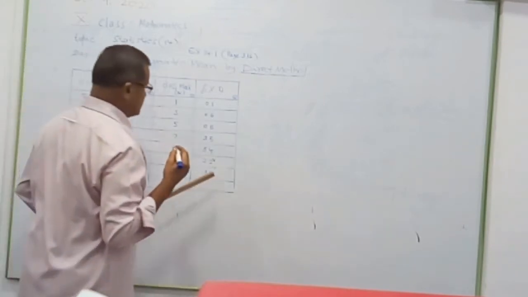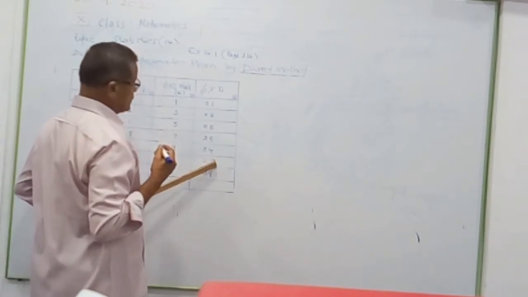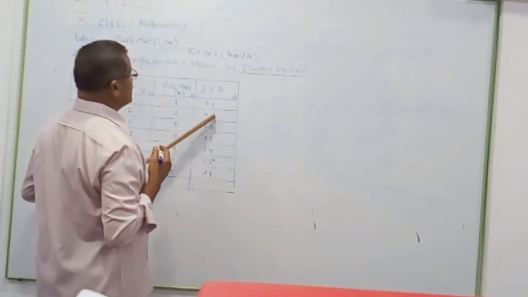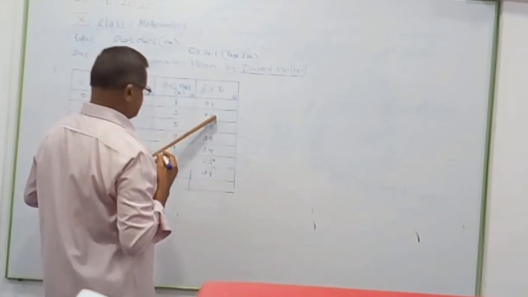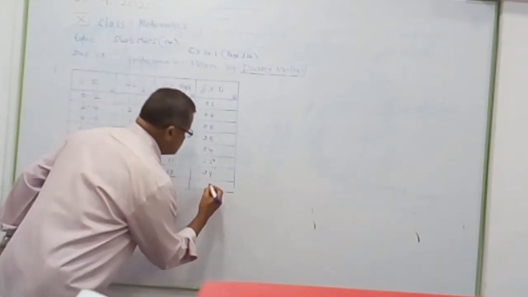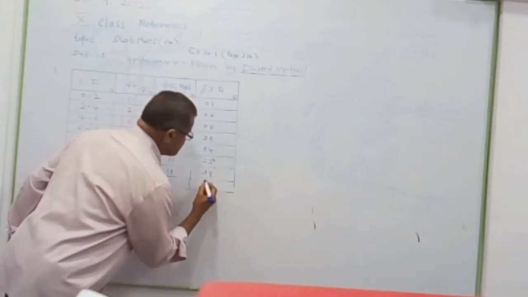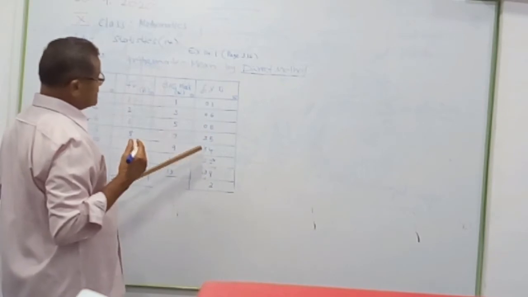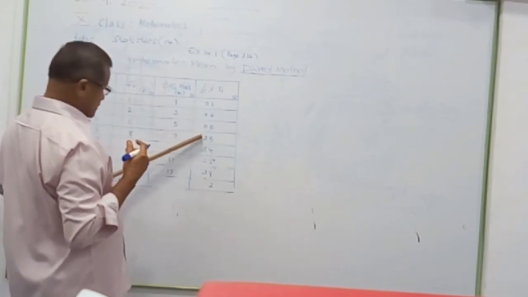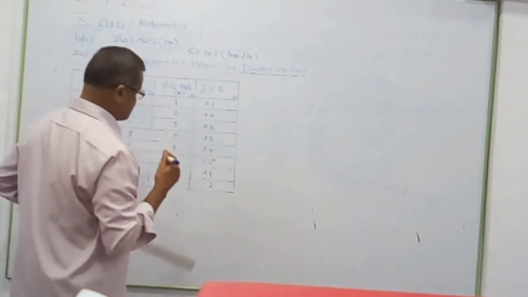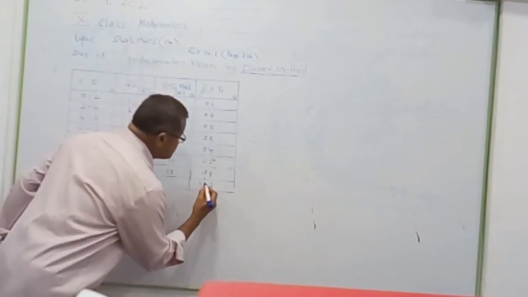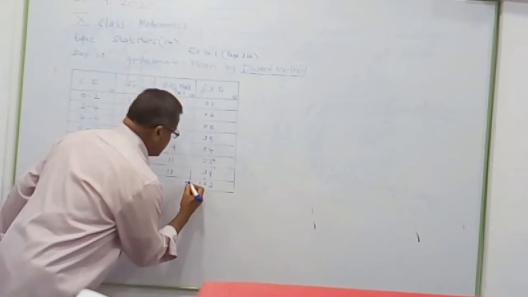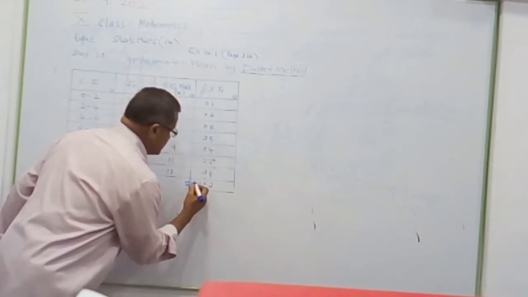Now add the fourth column: 9 to 11, 11 plus 4, 15, 15 plus 5, 20, 25, 25 plus 6, 31, 1, 32, 3, 6, 8, 13, 16, 162. This is sigma Fi Xm.